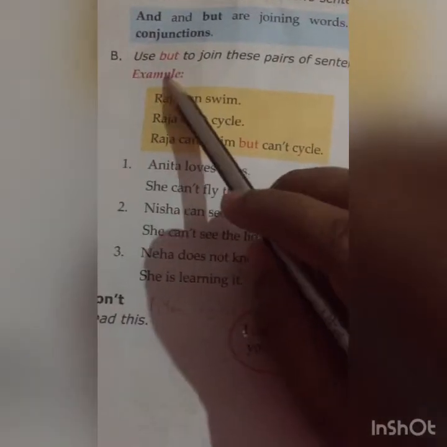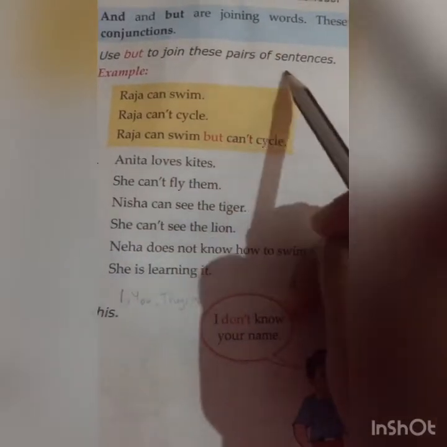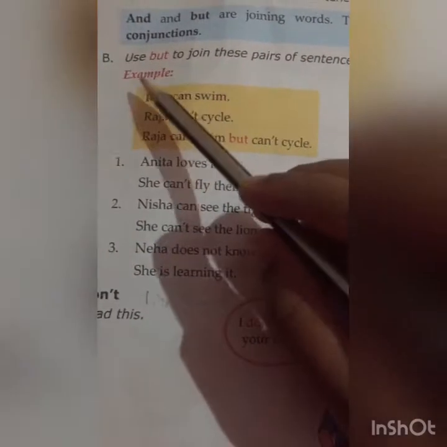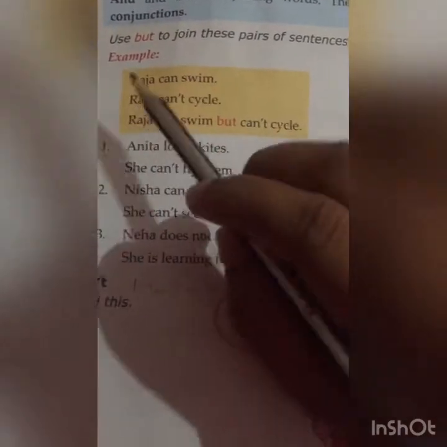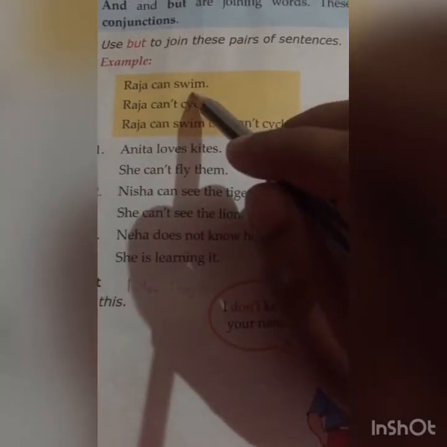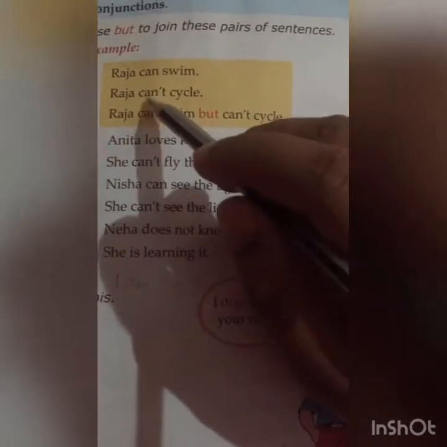Okay, here let us see an example. Use but to join these pairs of sentences. Here is an example. You have to use but to join these sentences. Raja can swim. Raja can't cycle.